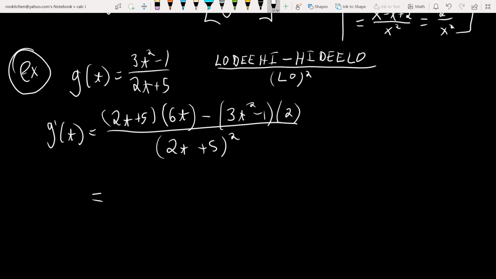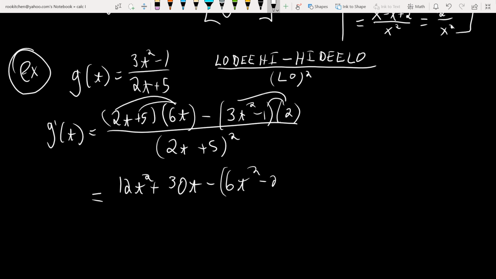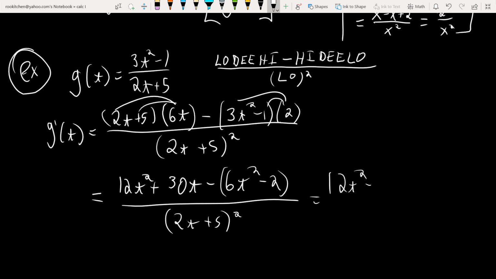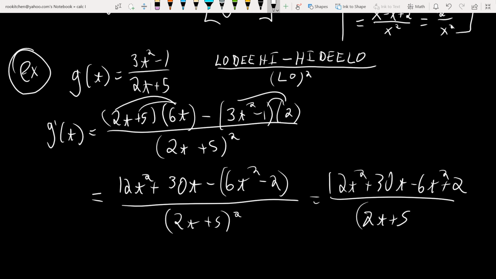So anyways, let's clean it up a bit. Have to distribute here, so I got 12t squared plus 30t minus, distribute here, 6t squared minus 2, all over 2t plus 5 squared. And then 12t squared plus 30t minus 6t squared plus 2 all over 2t plus 5 squared.